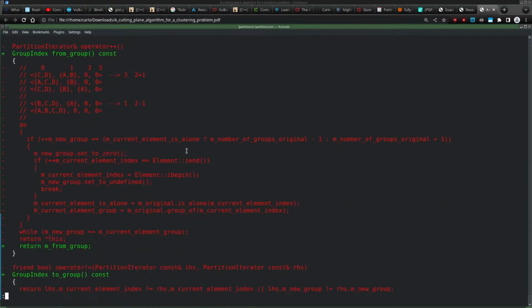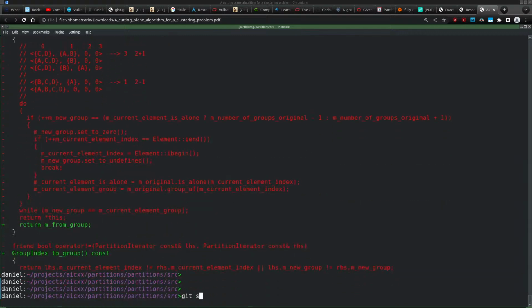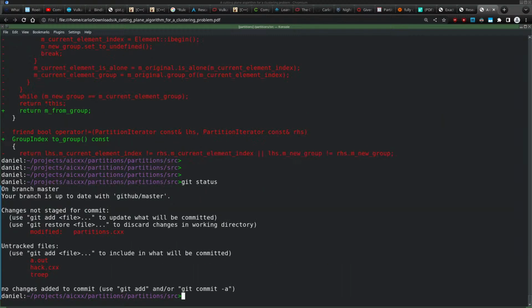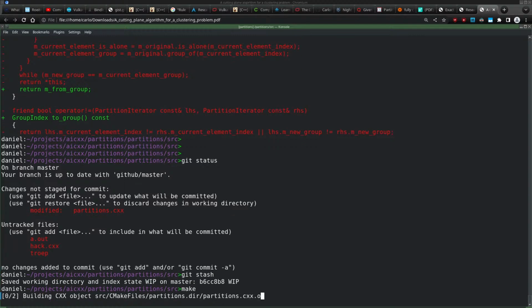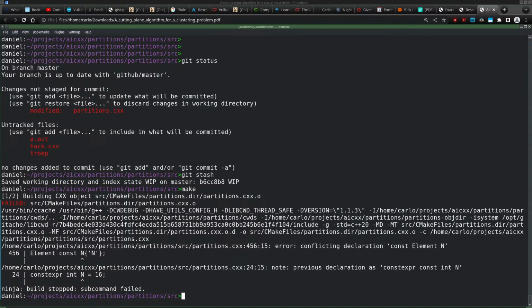It's not very clear, right? How about I just commit this and then go one commit back? I can stash it. Whoa.